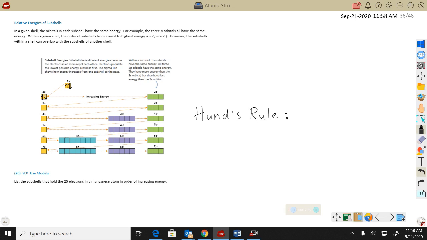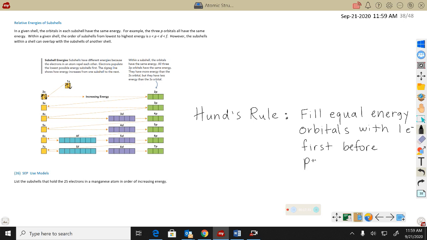Hund's Rule states this: fill equal energy orbitals with 1 electron first before pairing.